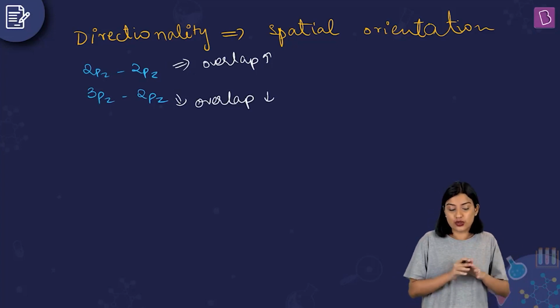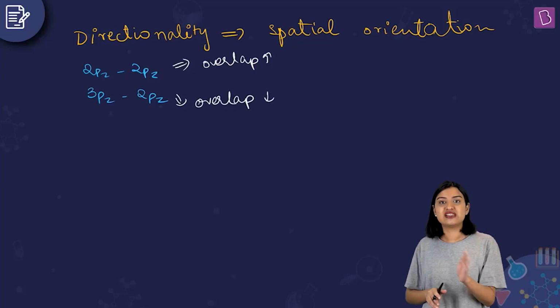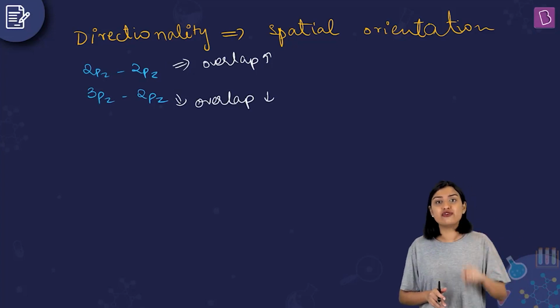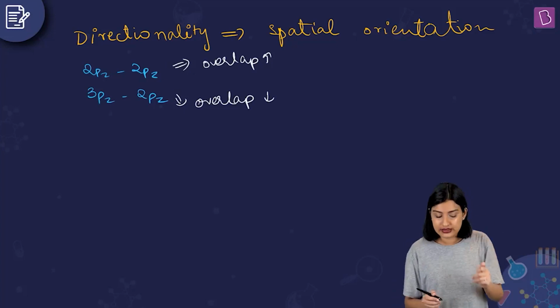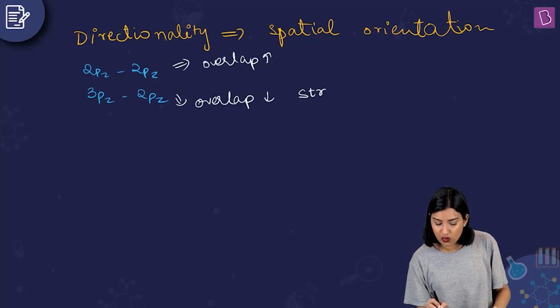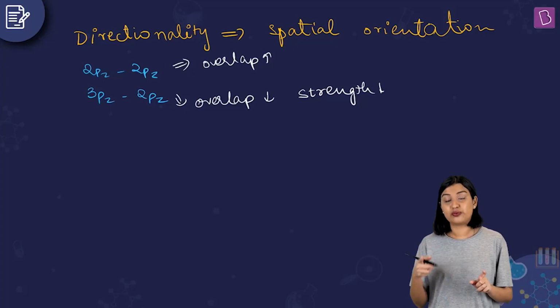Because of which what happens? It is much easier for me to break the 3pz 2pz bond. If it is easier for me to break the bond, then what can I say? The bond strength is decreasing. So if the effective overlap decreases, then the bond strength decreases. Okay, and in case of 2pz overlap, what is happening?